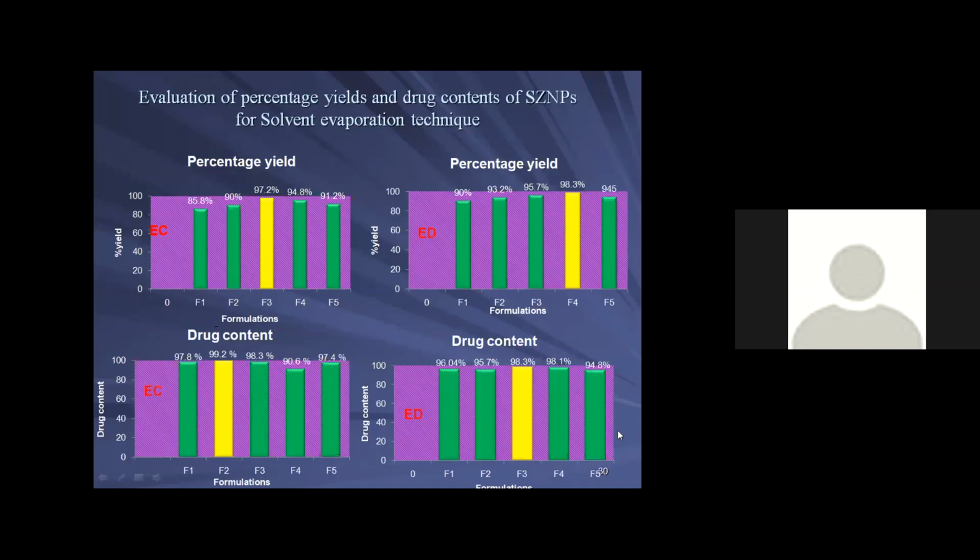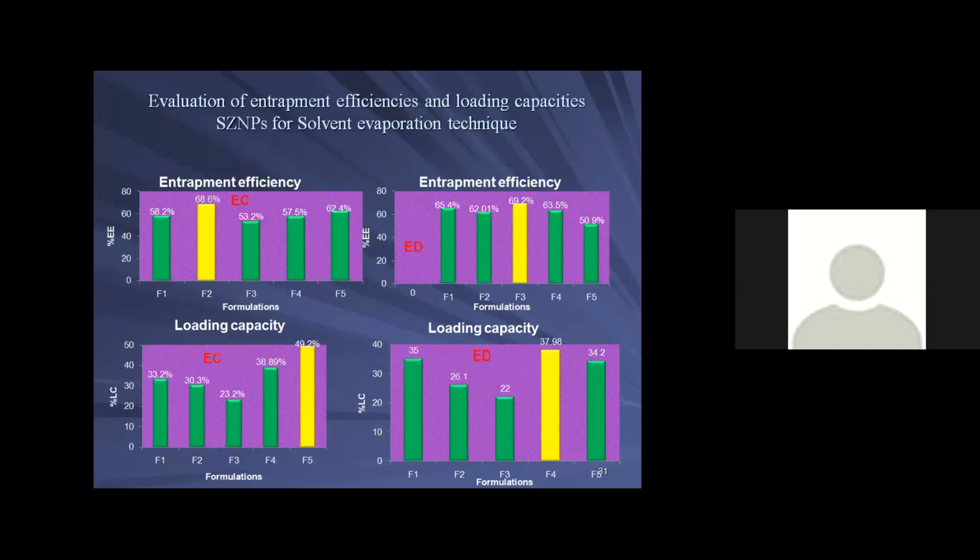So these are the comparative graphs for EC as well as Eudragit. When we compare EC and Eudragit, the percentage yield and drug content obtained are more than 95%. The entrapment efficiency we were able to obtain was 60 to 70%.